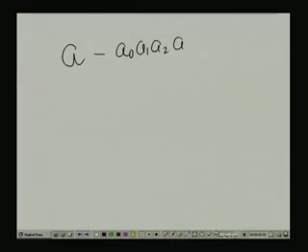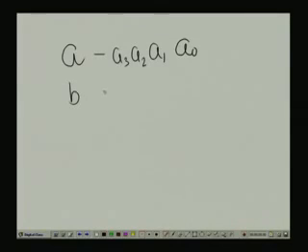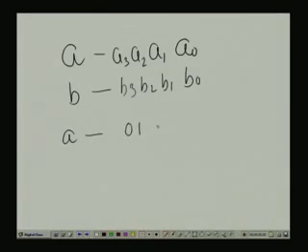Actually we should write in different order, LSB first, A0, A1, A2, A3. Similarly, the B is B0, B1, B2, B3. Say I am taking some values. Say A is 0, 1, 0, 1. Say my B is 1, 1, 1, 0.